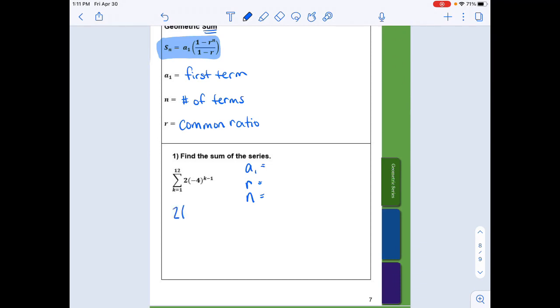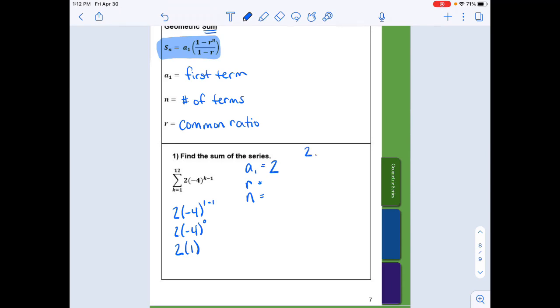So you could plug in 1. You end up getting 2 times 1 in the end, because anything to the 0 power is 1. So our first term, which also helps us find our a sub 1, is 2.